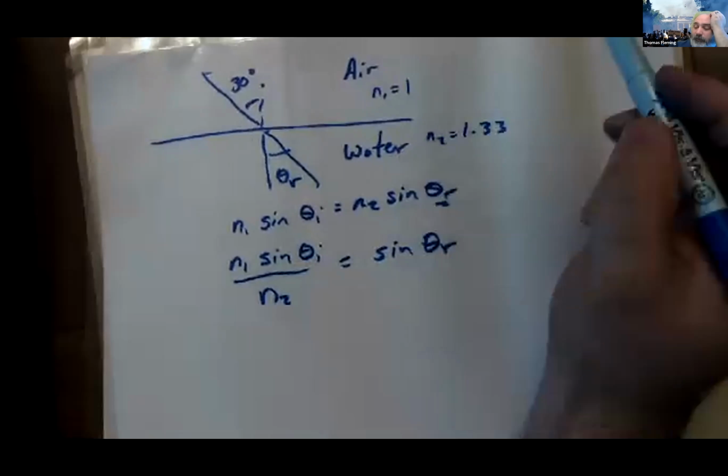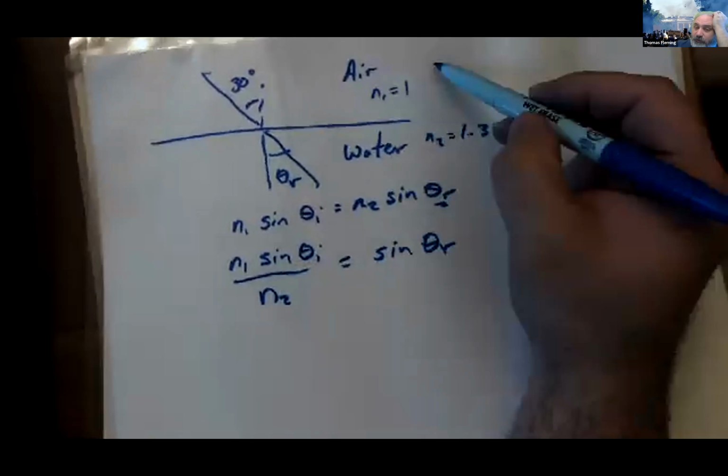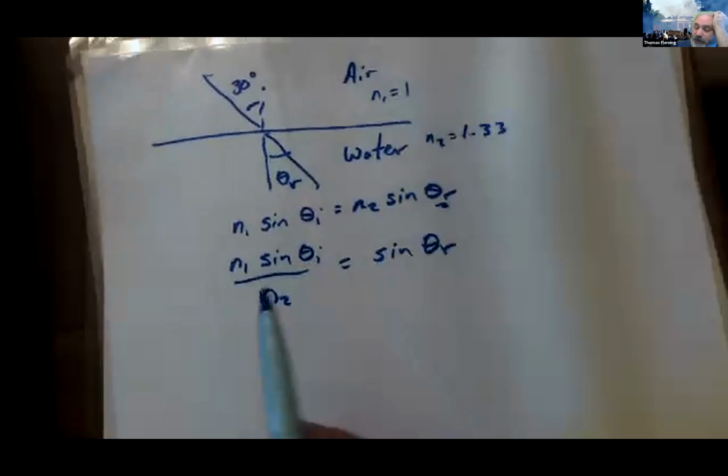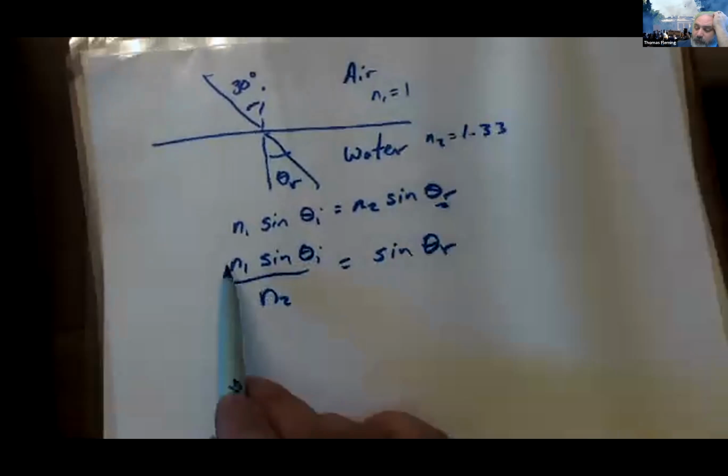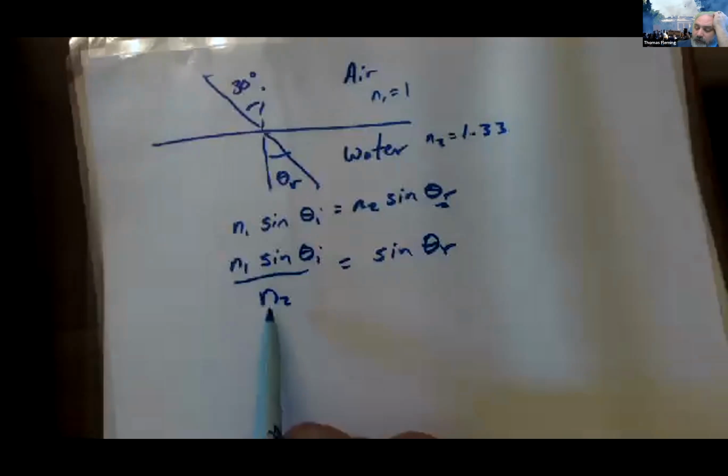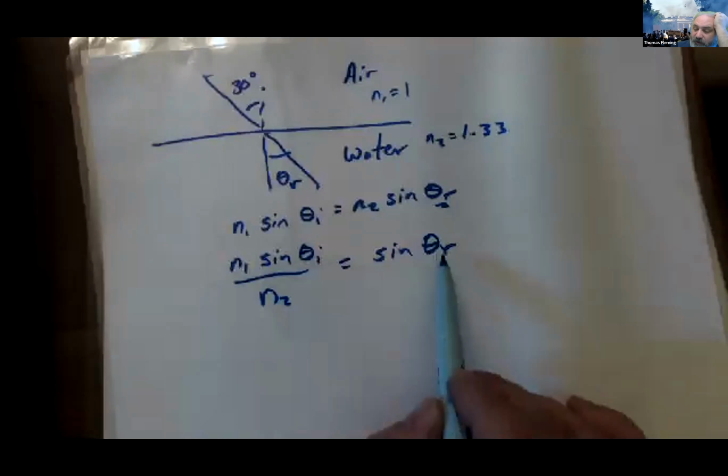Anytime I'm going from places where the speed of light is large to where it's small, n1 is going to be a smaller number than n2. So n1 over n2 is going to end up being a smaller than 1 number. That means that if I'm taking a smaller than 1 number times the sine of theta i, I'll be getting a smaller angle for theta r.